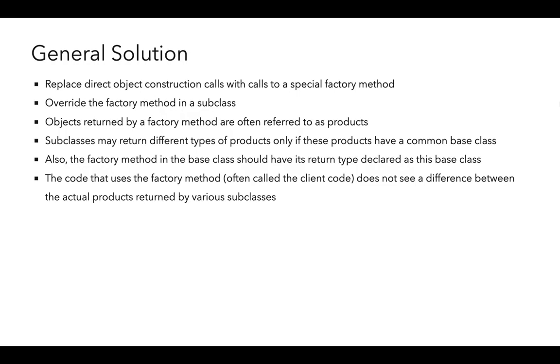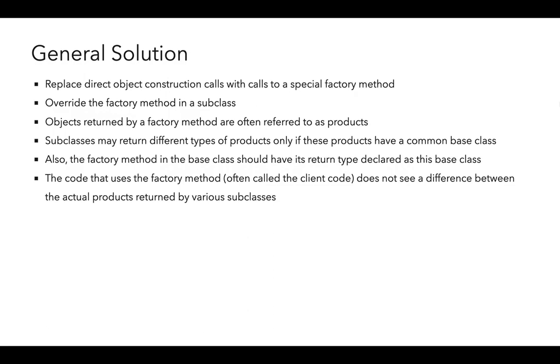Usually, objects returned by a factory method are referred to as products. Subclasses might return different types of product only if these products have a common base class, which means we have to define a parent class and then we define some child classes that inherit that parent class. Also, the factory method in the base class should have its return type declared as this base class.